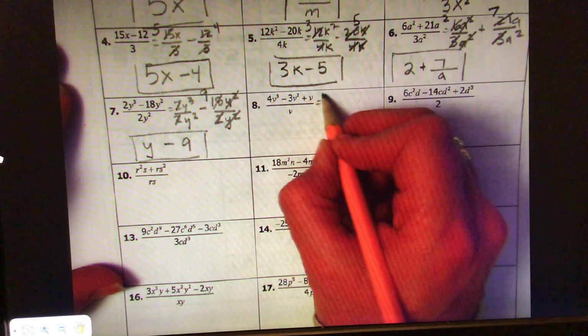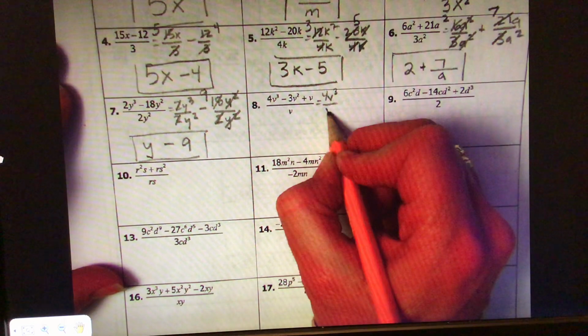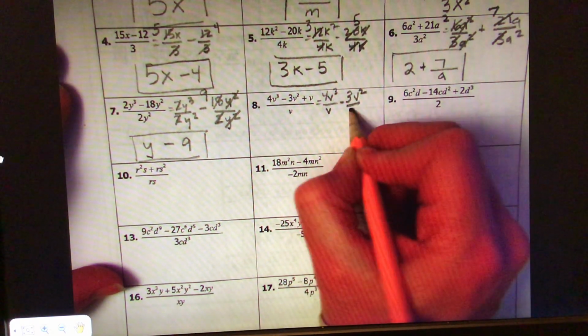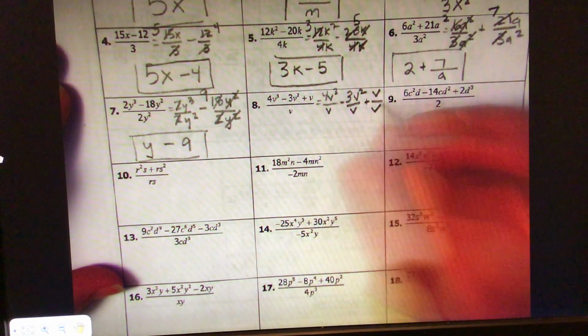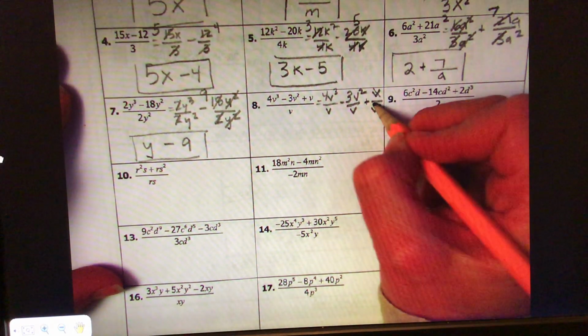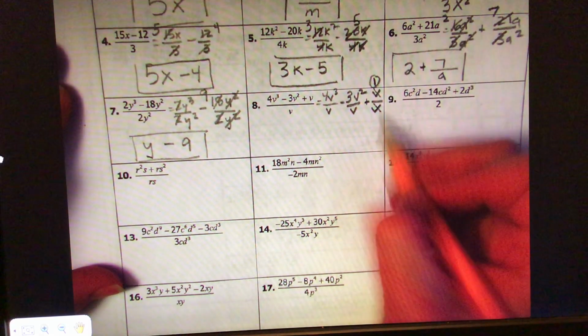Number 8. And I'm going to rewrite this one too. 4b cubed over b minus 3b squared over b plus v over v. Well, I already know that v over v is 1. Don't forget about that 1 though, remember?